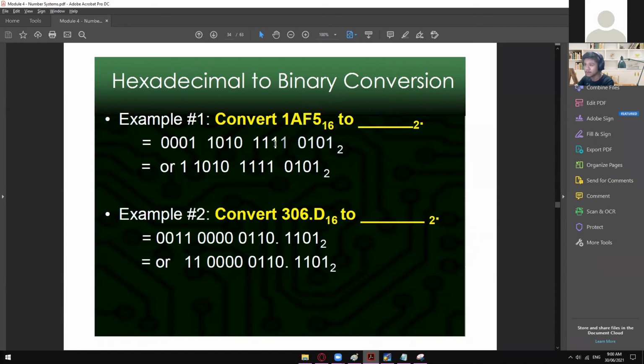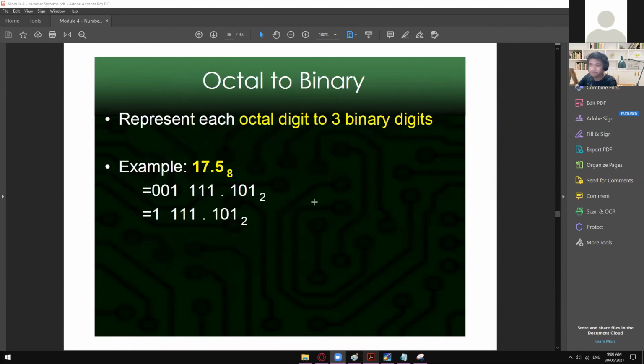The value of this F is 1111. The value of A is 1010. 1 is 0001. So just go back to this topic again, Mr. Jan Vincent, for you to be able to get how to convert hexadecimal to binary.